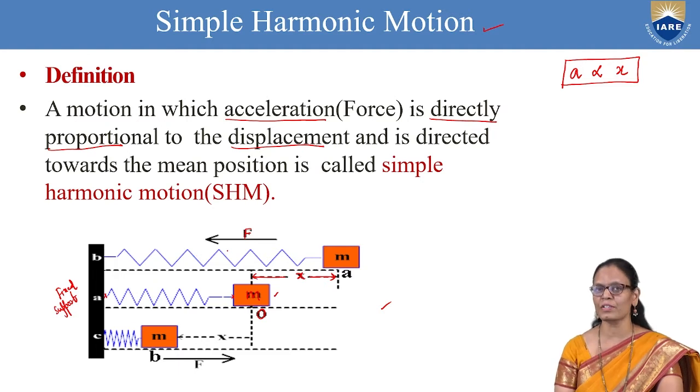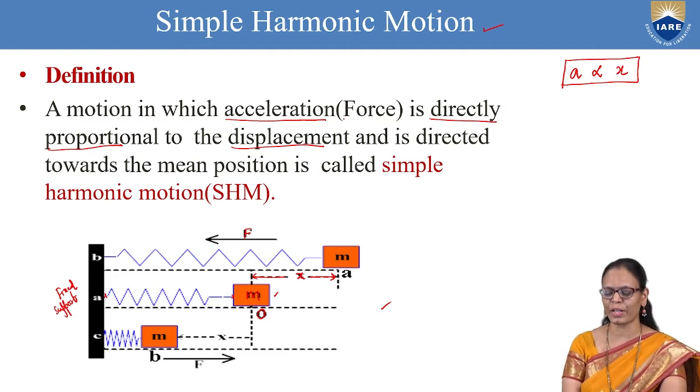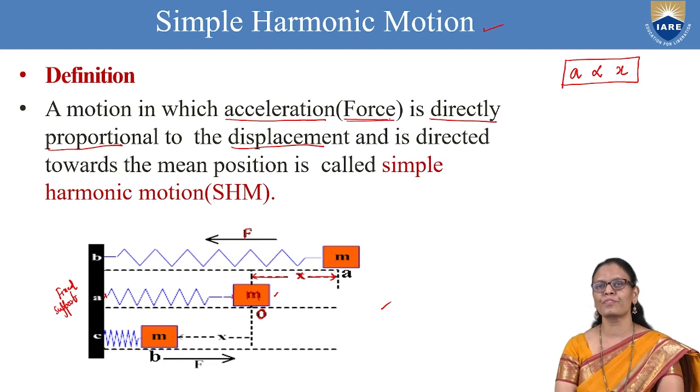So that is why we have kept the word force. Even though we say acceleration is directly proportional to the displacement, we can also say that force is directly proportional to displacement, because we know F is equal to ma. Force is the product of mass and acceleration.